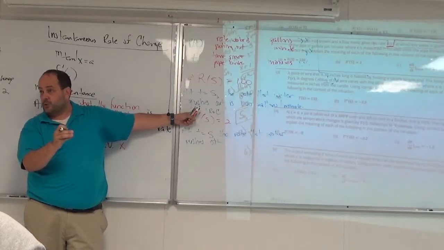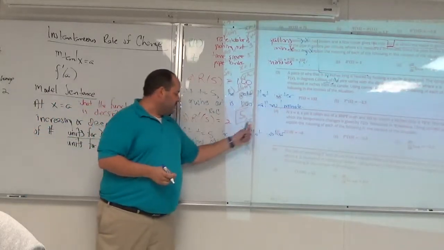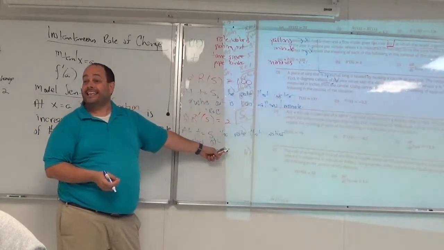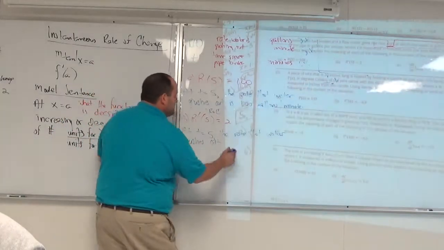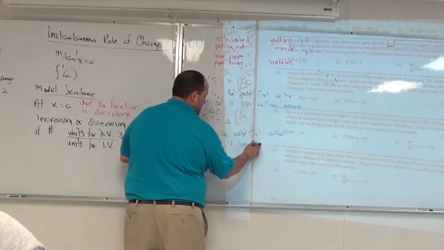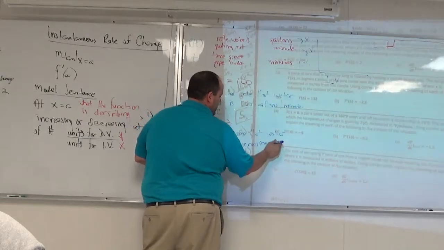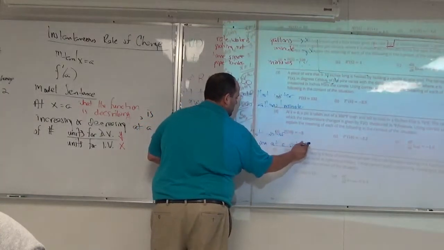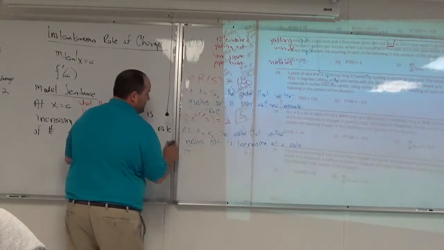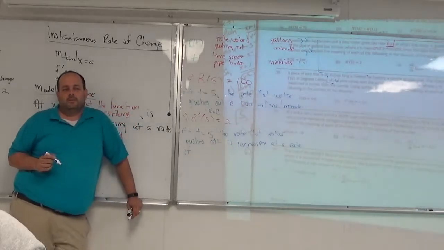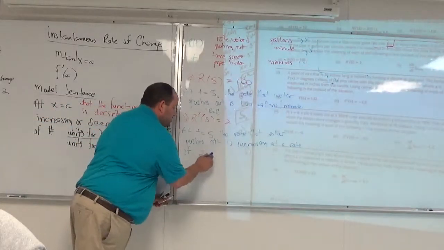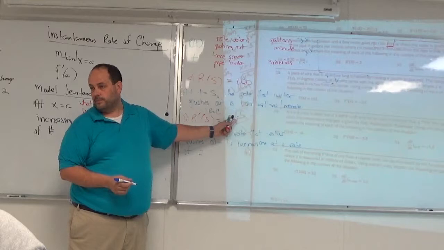It's a rate of change question. At T equals 5, the rate that water gushes out, what's it doing? It is increasing. It is increasing at a rate of 2, right? That's the number.